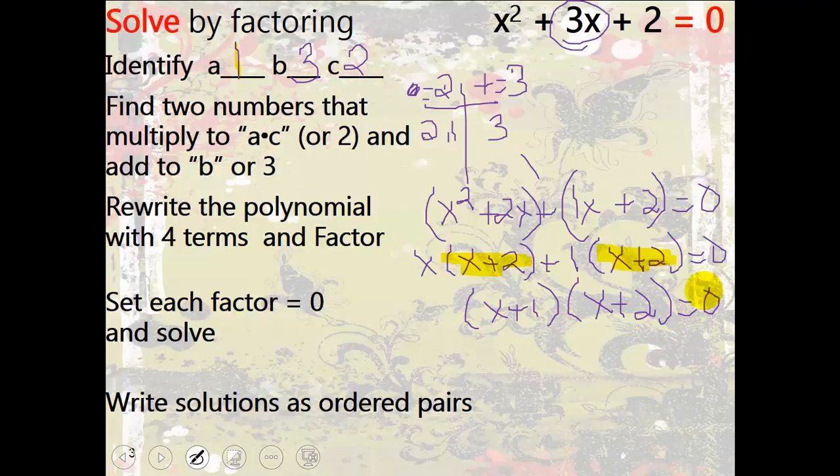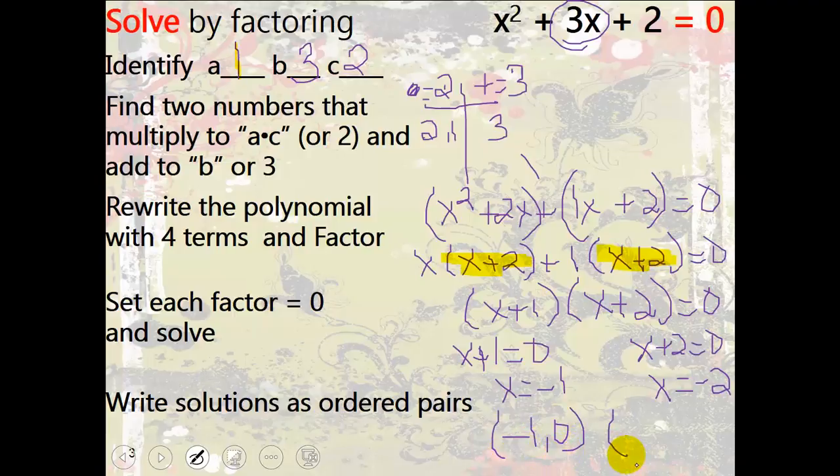So now set each of those factors equal to 0 and solve. So that meant x plus 1 could equal 0, or x plus 2 could equal 0. So we get x is equal to -1, x is equal to -2. So our roots had to be (-1, 0) and (-2, 0).